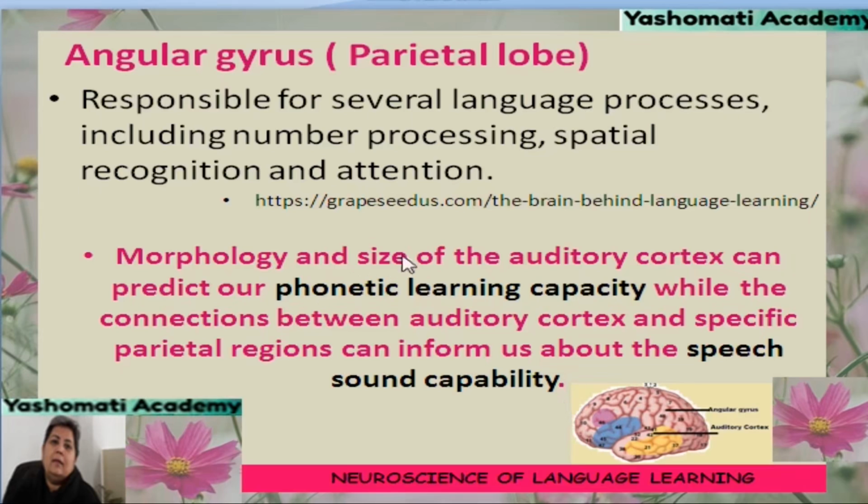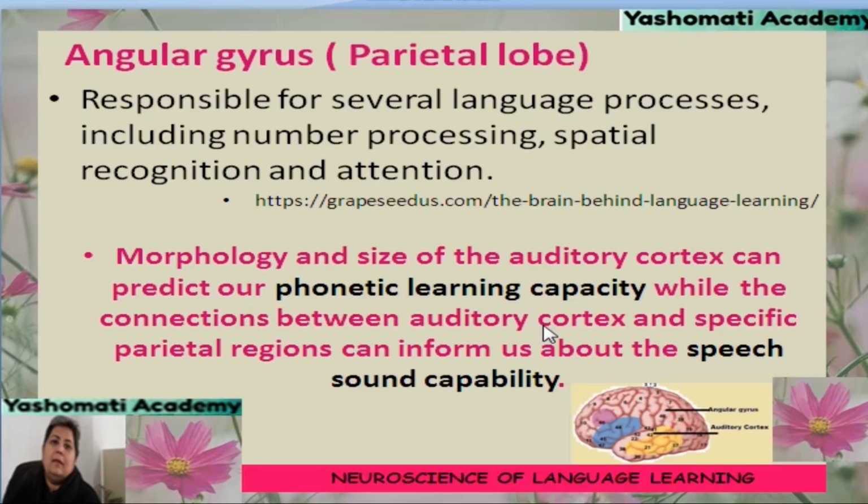This means that if auditory cortex is very well developed, then phonetic learning capacity will be more. Phonetic learning capacity means how to produce sound or speak when the speaker has no prior knowledge of language, and it helps him to speak and pronounce the words correctly.